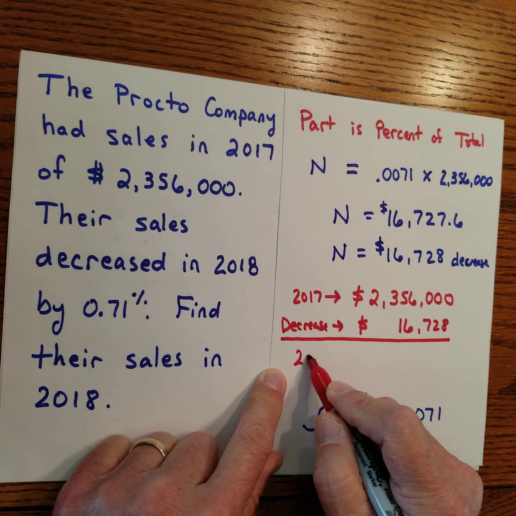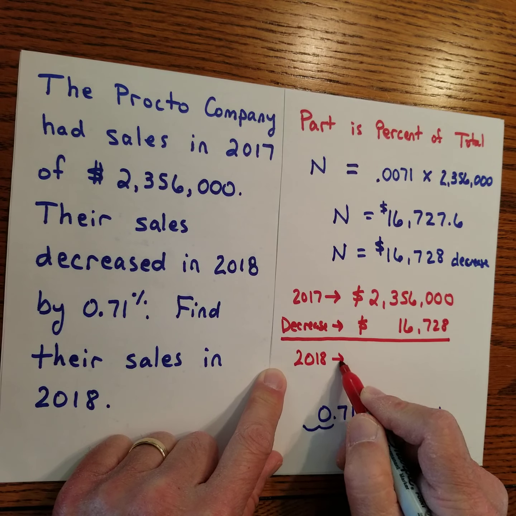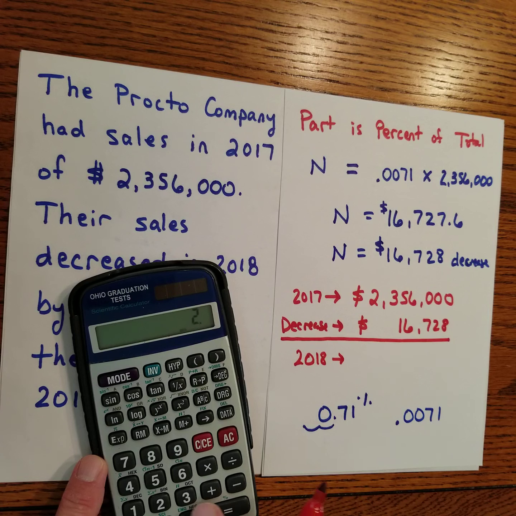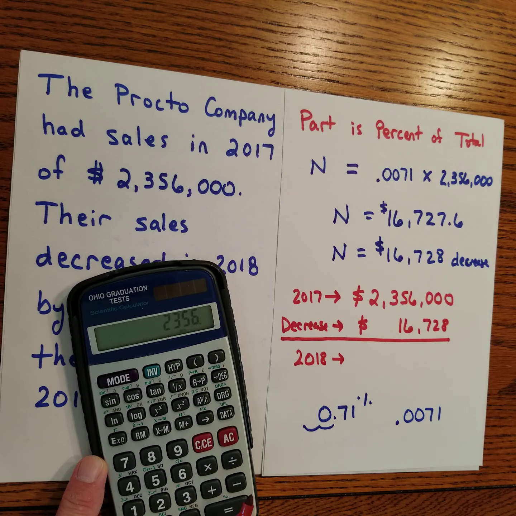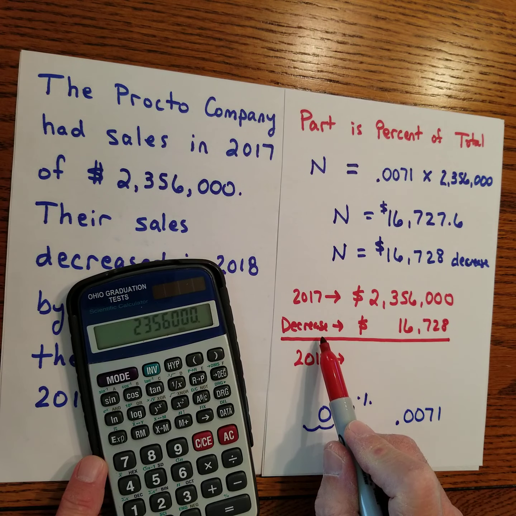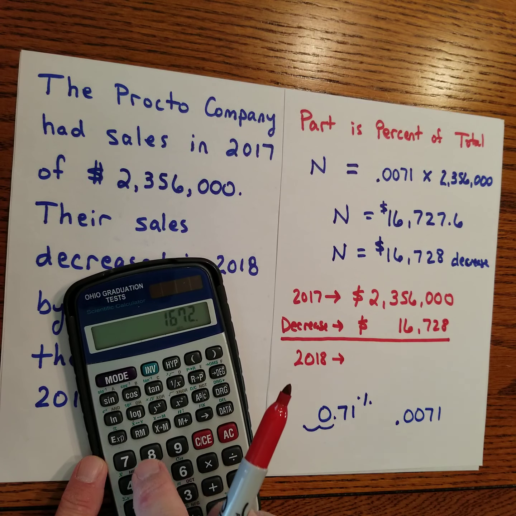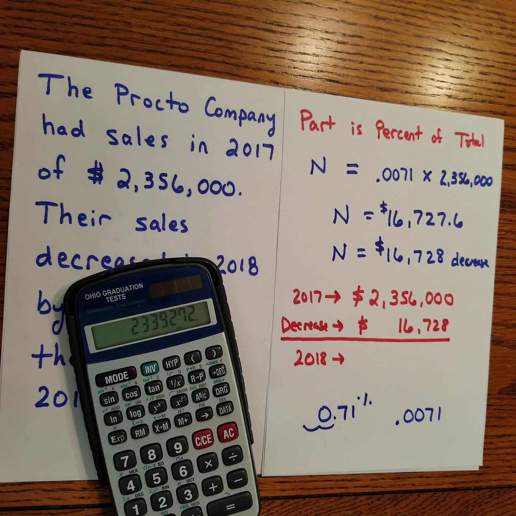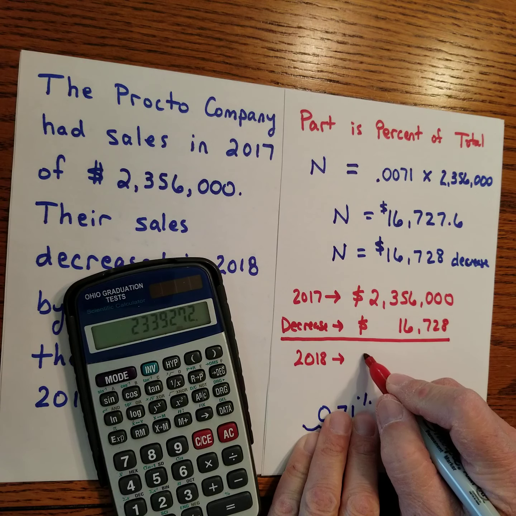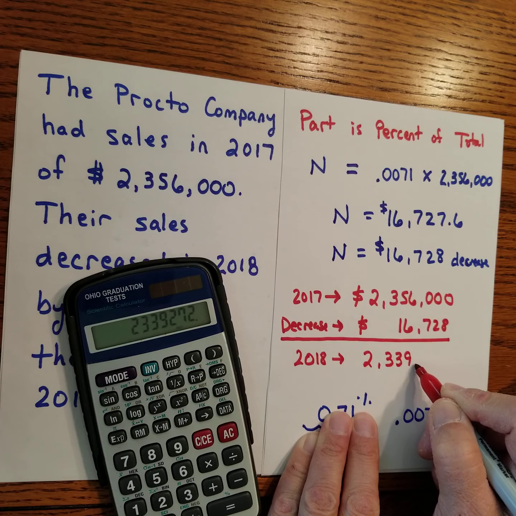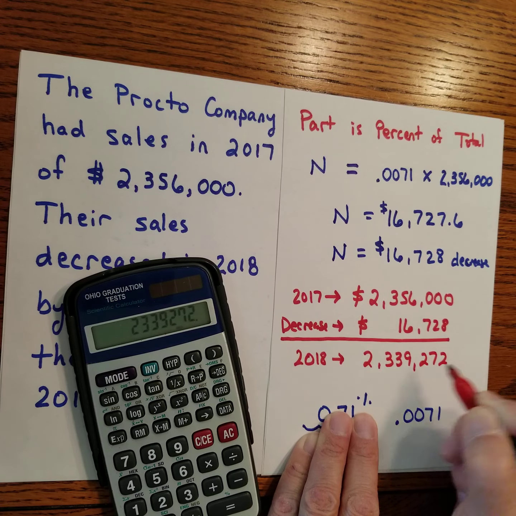So that in 2018, their sales will be the difference. Let's start with $2,356,000, and then we'll decrease. We'll subtract $16,728, making their sales in 2018 $2,339,272.